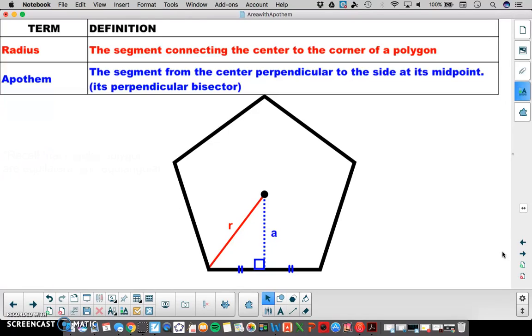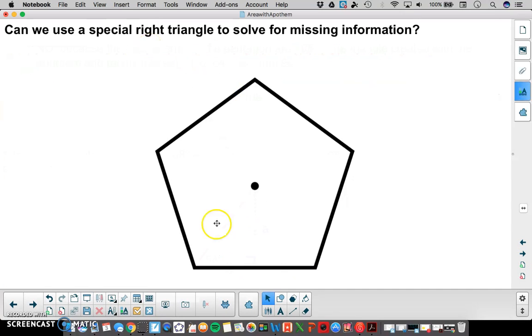Now, so far we've looked at equilateral triangles, squares, and hexagons that all contained special right triangles. Our 30, 60, 90s and our 45, 45, 90 triangles helped us solve for missing information. As we take a look at this pentagon here, could we use a special right triangle to solve for missing information?